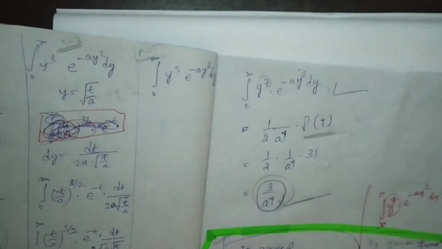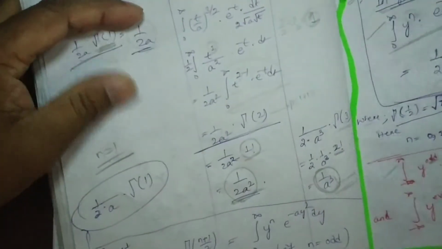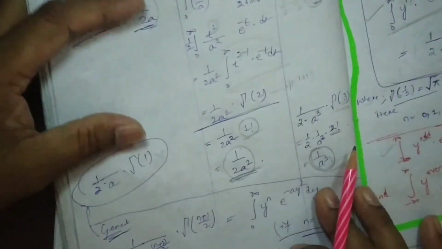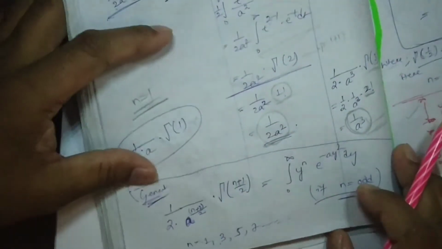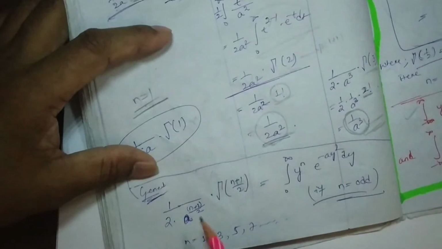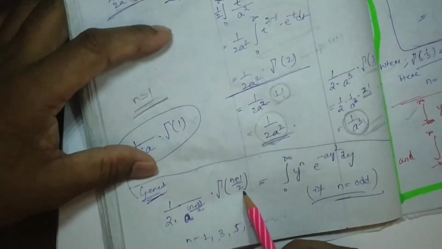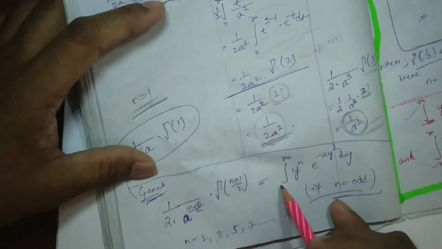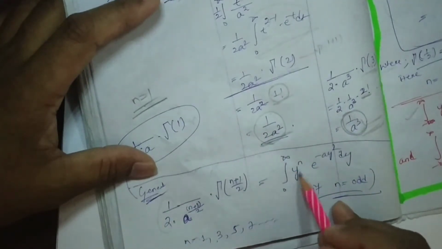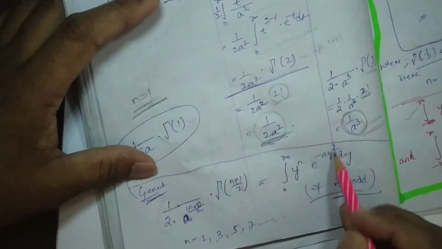So by considering these terms we can write in general the value will be 1 by 2 into a to the power n plus 1 by 2 into gamma n plus 1 by 2, which is equal to the integral from 0 to infinity of y to the power n e to the power minus a y square dy.